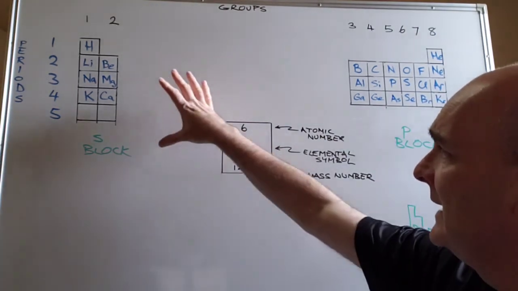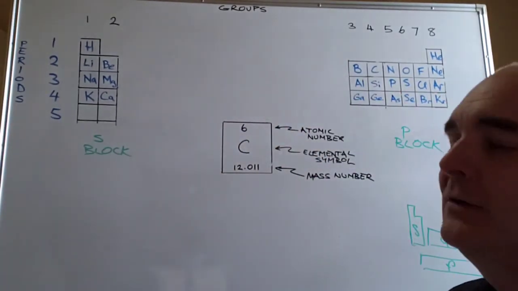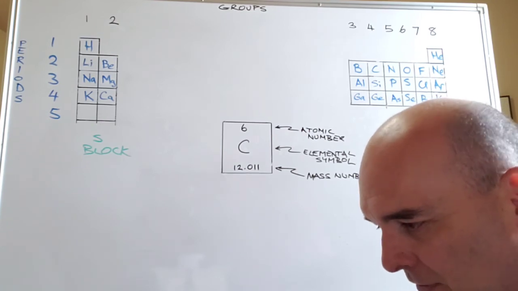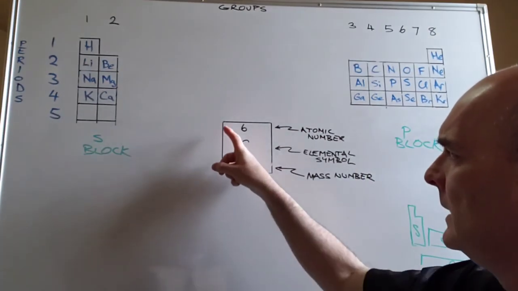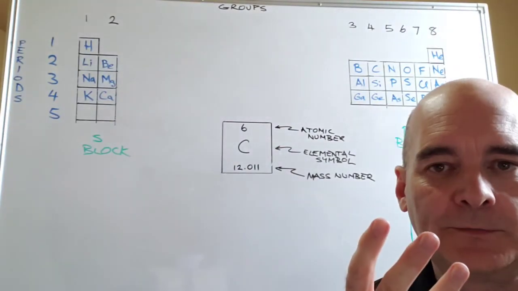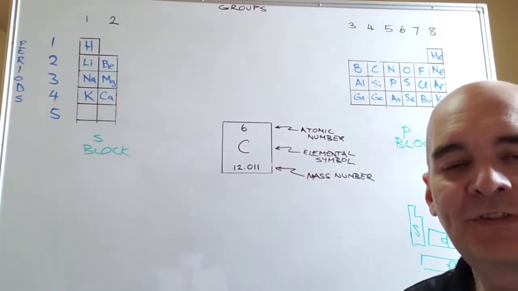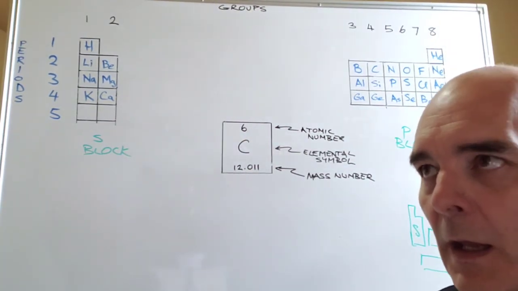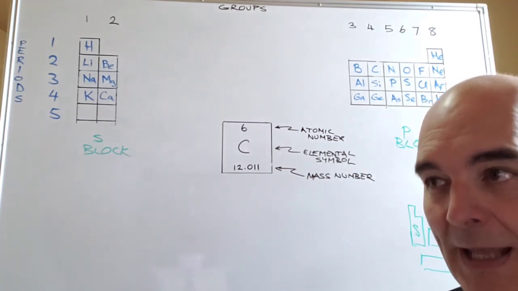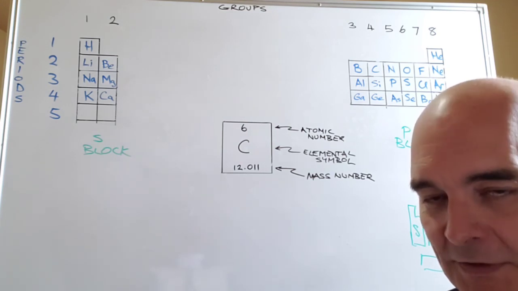Let's look a little bit at what's going on inside any one of these individual boxes on the periodic table, because there is a lot to know. Inside a box, there are basically 3 pieces of information: 2 numbers, and then a symbol in the middle. Elements have symbols that are either a single capital letter, or 2 letters.